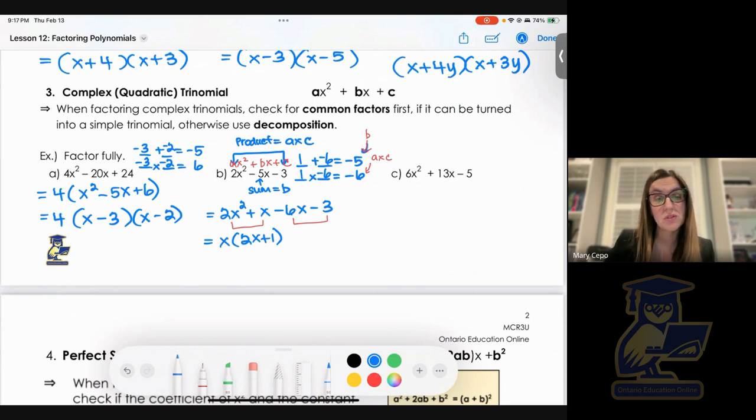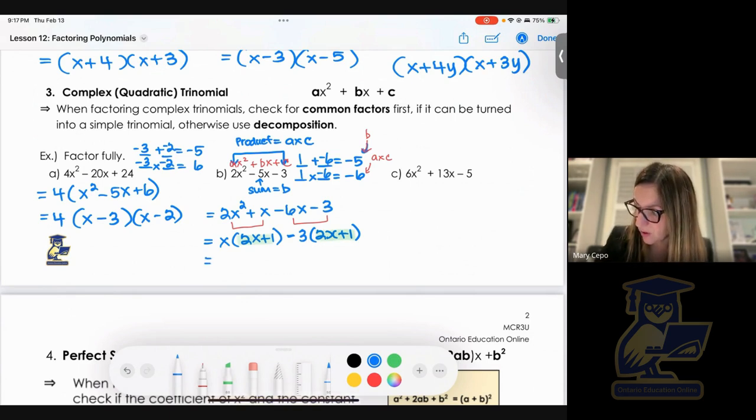So what do I have to divide out of -6x and -3 for that to happen? Well, a common factor between those two would be -3. If I factor out a common factor of -3, I'm left with 2x plus 1. By doing that, I've just created a common binomial between my two groups. Both groups have a binomial of 2x plus 1.